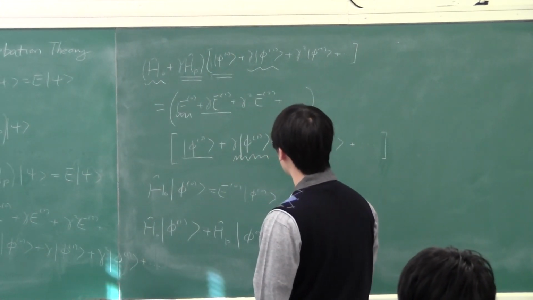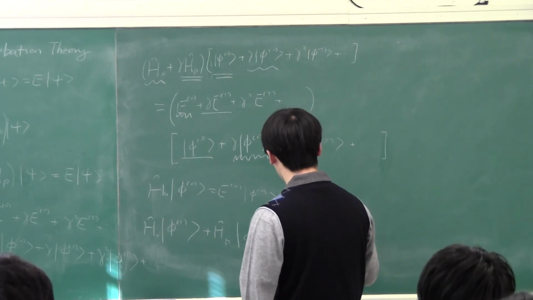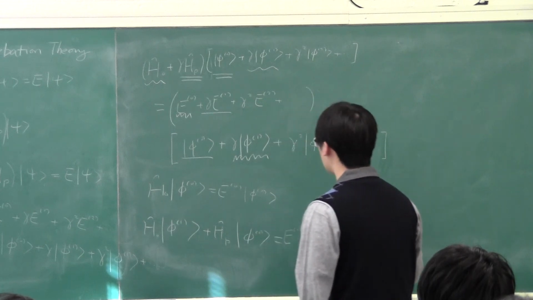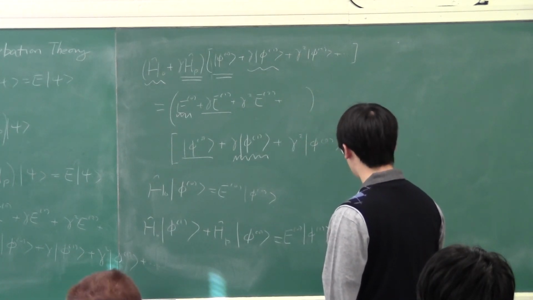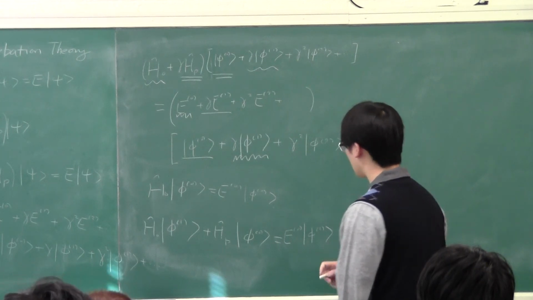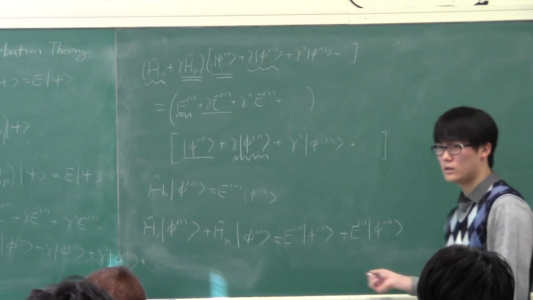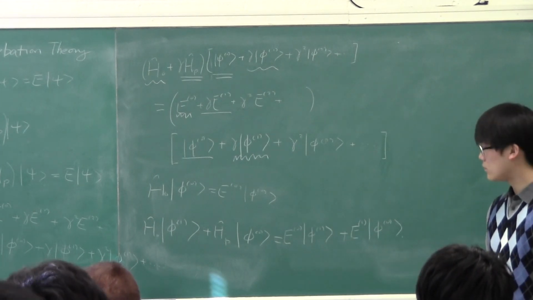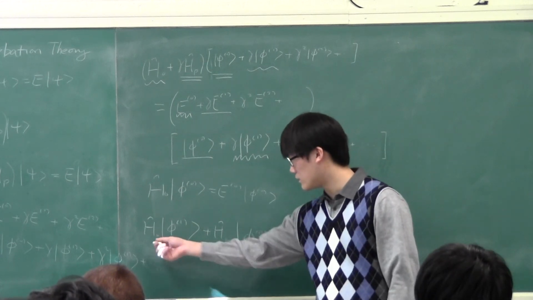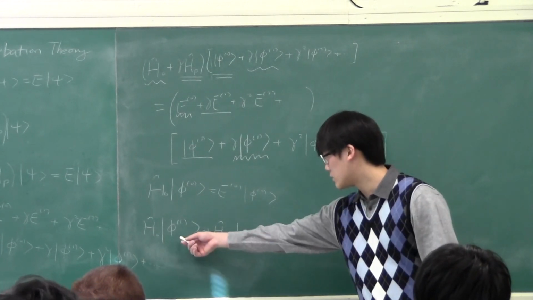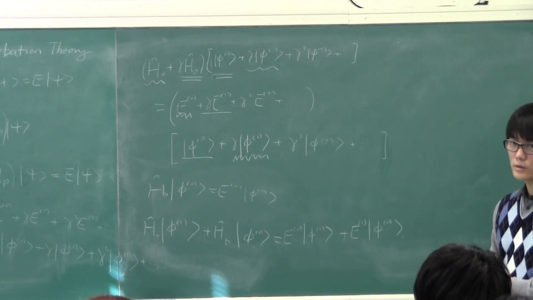So let's go ahead and write. Now, how many unknowns are here? This is given. This is given. This is given. These two, the phi 1 and the E1, are what we were looking for.